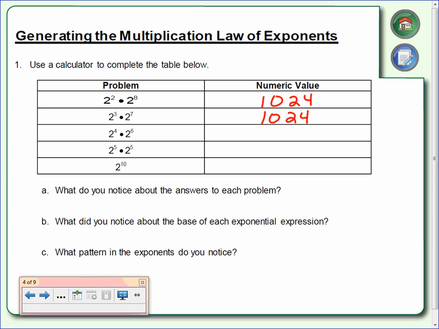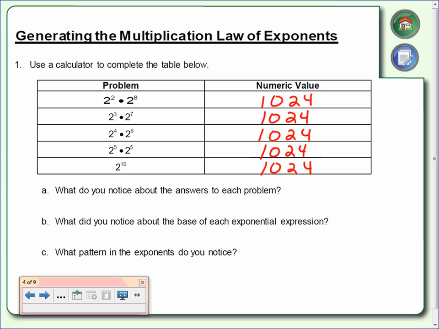Let's keep going. 2 to the 4th power times 2 to the 6th power. 1,024 again. 2 to the 5th power times 2 to the 5th power. 1,024 again. And I'm guessing you know what's going to come next, right? 2 to the 10th power would be 1,024.